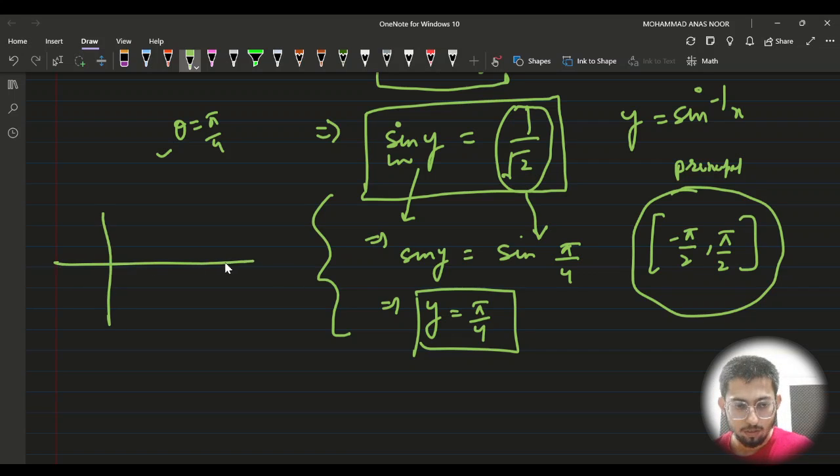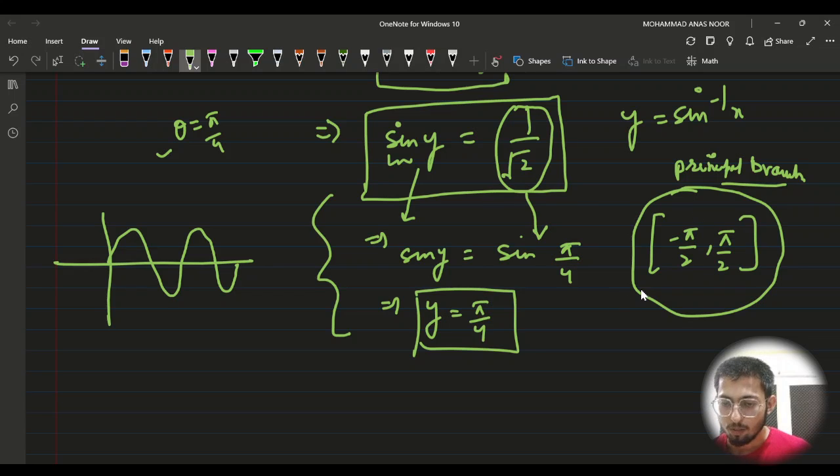If you draw the graph, there would be different values. That's why we stick to this. We should give the answer for y between these values.